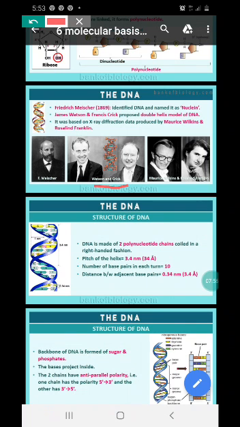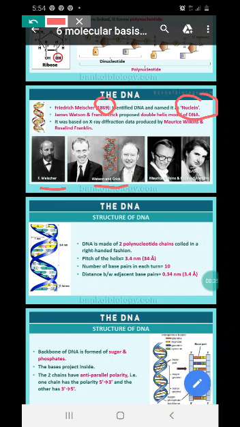Even before these two persons, in 1869, around the time of Mendel, Friedrich Miescher identified an acid from inside the nucleus, which he named nuclein. But it was such a long polymer that he could not isolate it.